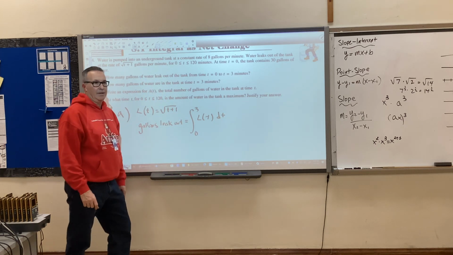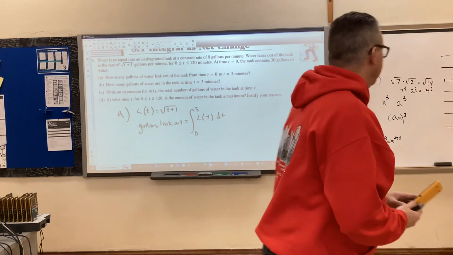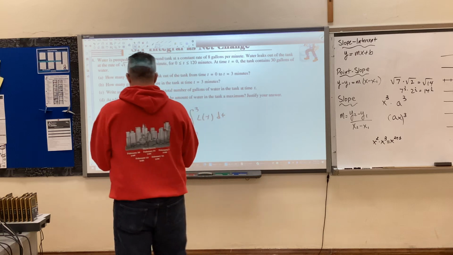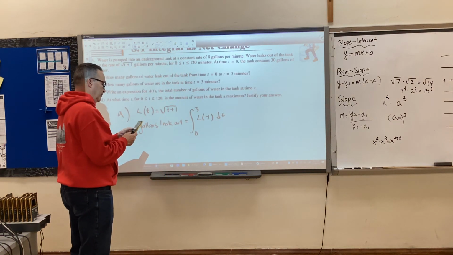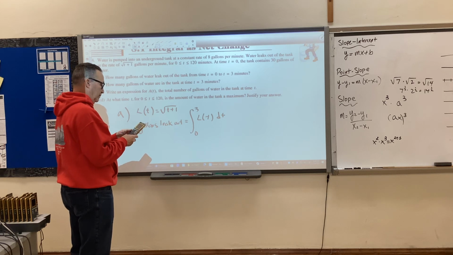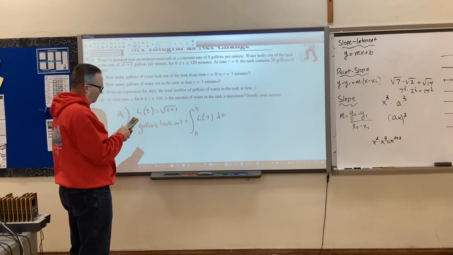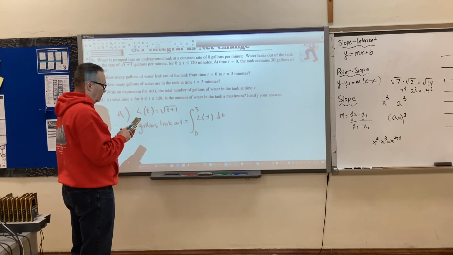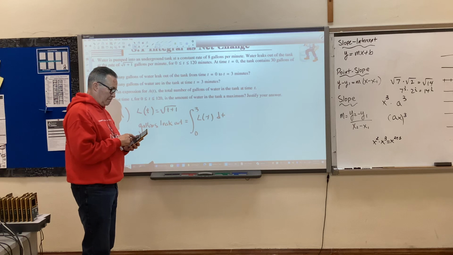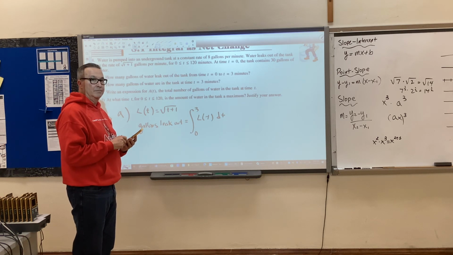And get an answer, right? Why don't you guys do this quick? Give me an answer. Yeah? 4 2/3.